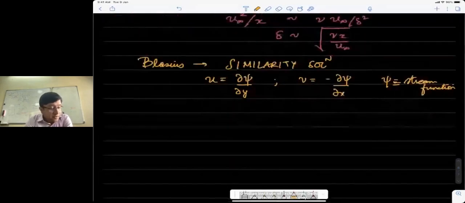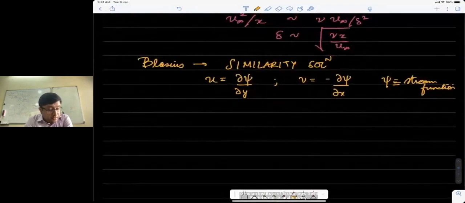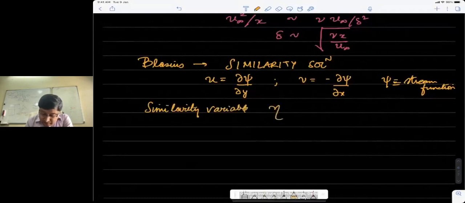So using this and a similarity variable, which we will write as eta, which was written as y by some delta, and delta we derived in this form here.